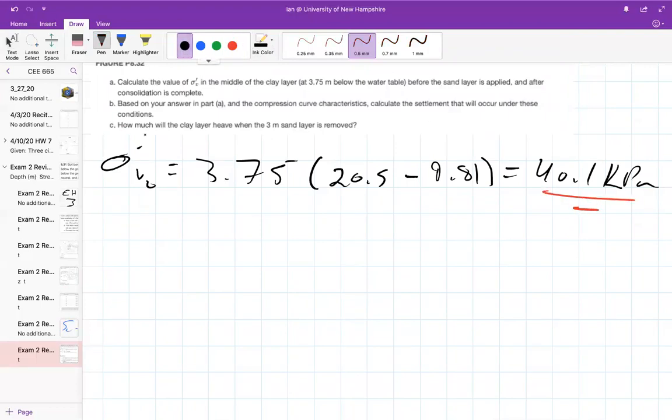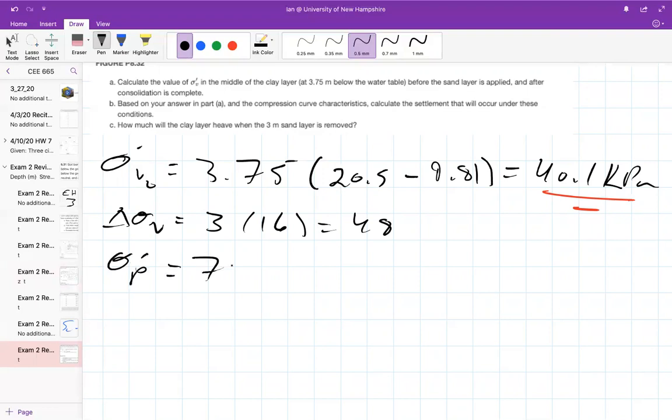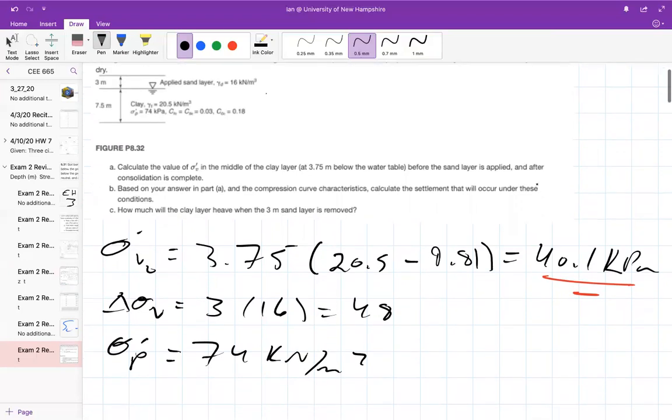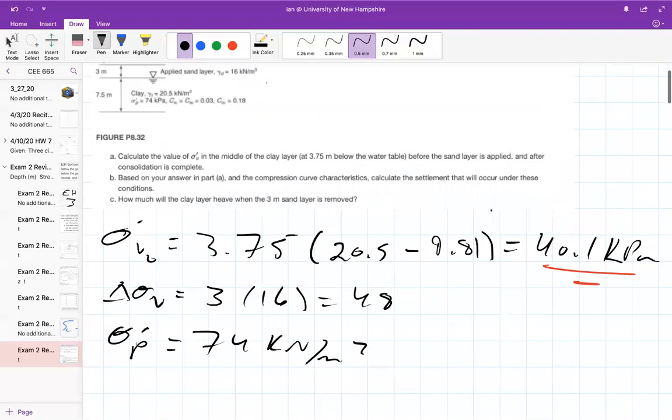Now for part B, we have delta sigma V, which equals 3 times 16, which equals 48. And then the pre-consolidation pressure equals 74. This is all information we've gotten from a consolidation test.